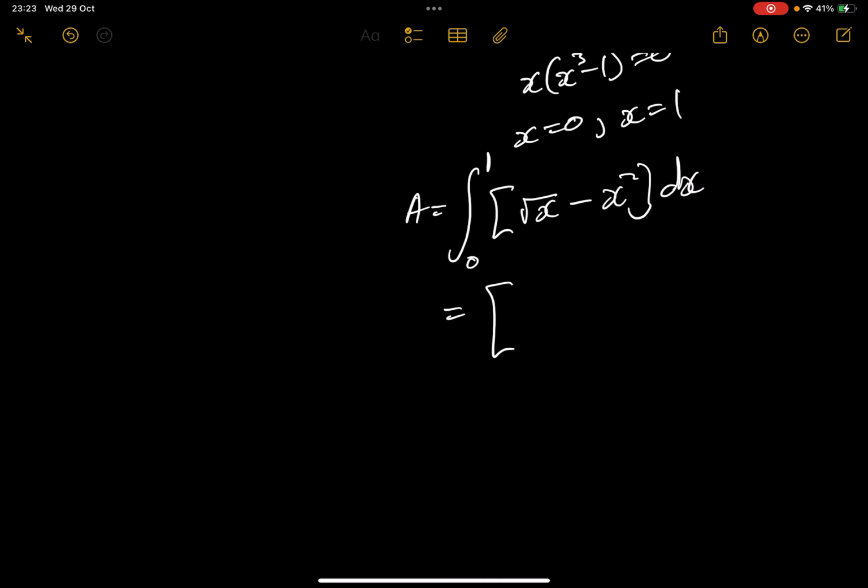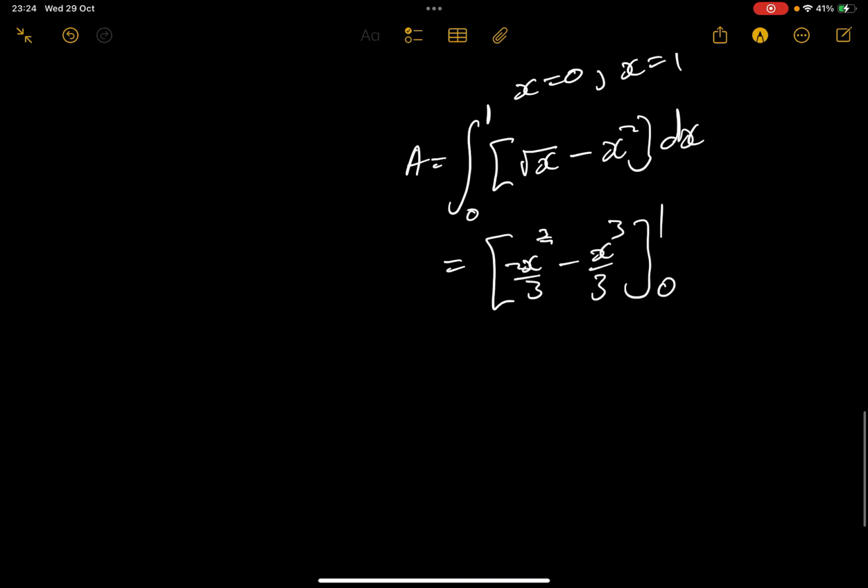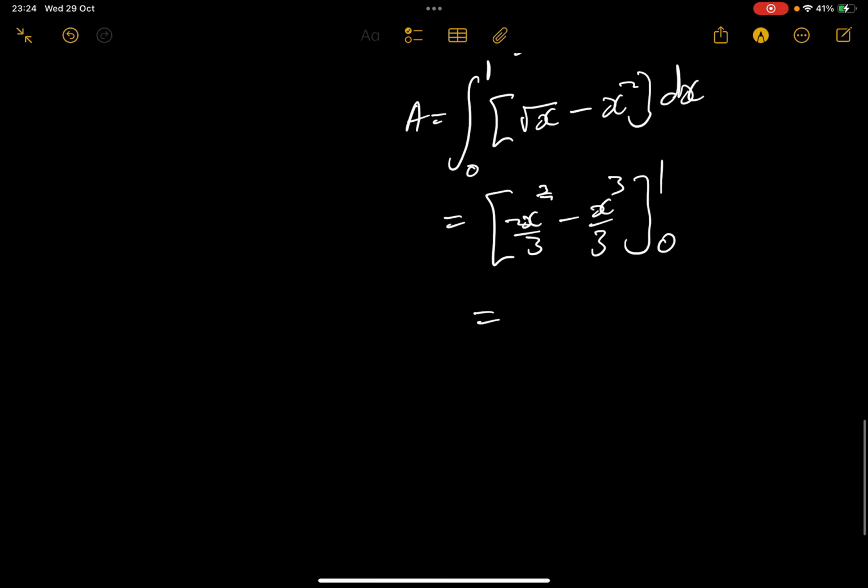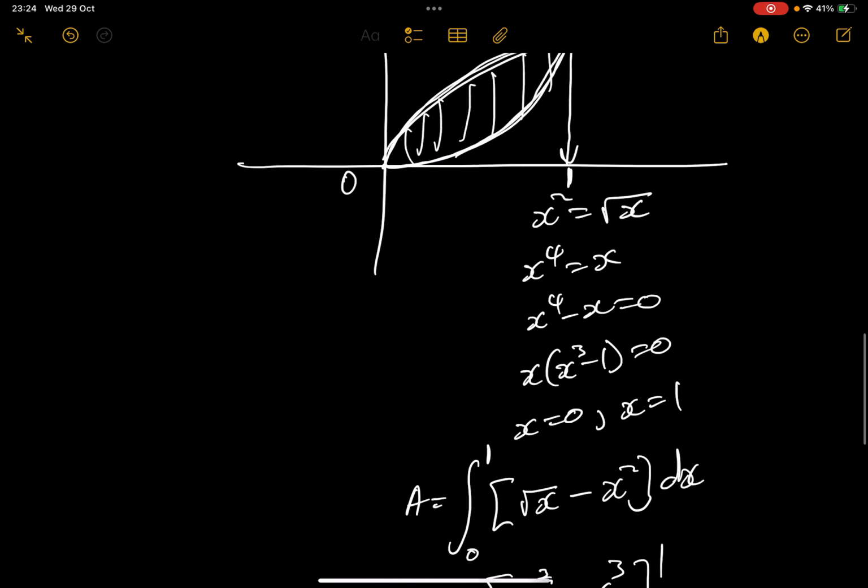When you integrate root x, it's going to be x to the 3 over 2, times 2 over 3, minus x cubed over 3, from 0 to 1. You just substitute: 2 over 3 minus 1 over 3 is equal to 1 over 3. So this is your entire area.